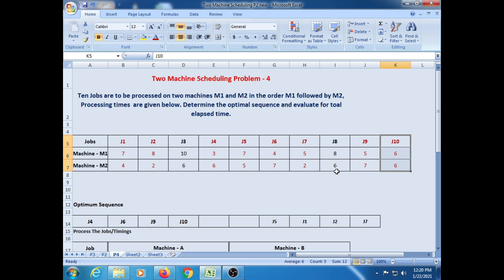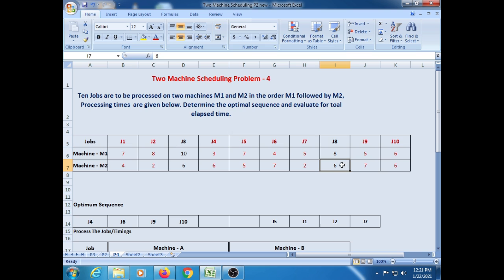I change the color. So here we have the remaining 2 lowest processing times, and if we compare the corresponding values, this 8 is the lowest corresponding value compared with 10. So here we have to take job 8, because 8 is the lowest corresponding value.